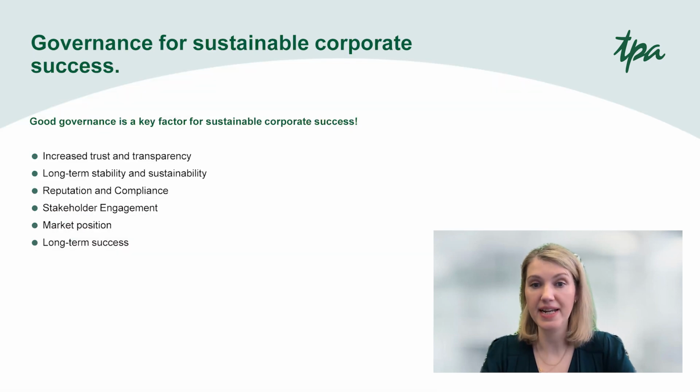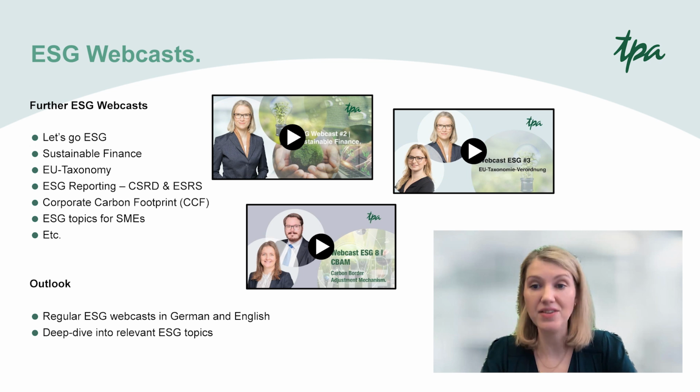In summary, good governance is a key factor for sustainable corporate success, and it is necessary to manage ESG risks properly. It not only promotes trust and offers long-term stability, but also ultimately leads to a competitive and sustainable company. This brings us to the end of our brief insight into the topic of the G in ESG.